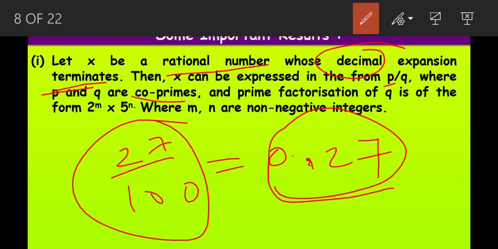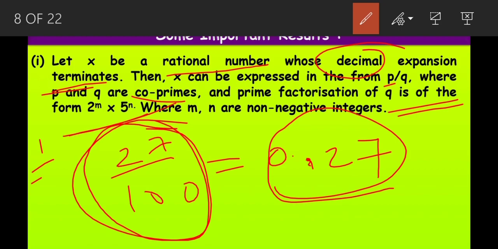So here 27 and 100 should be co-prime, which means they should not have any factor other than 1. Then q will be in the form of 2 power m into 5 power n, where m and n are non-negative integers.